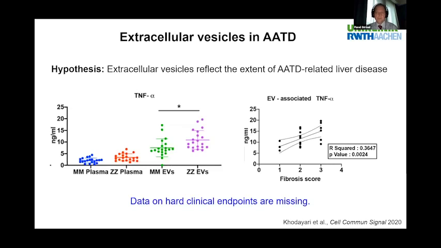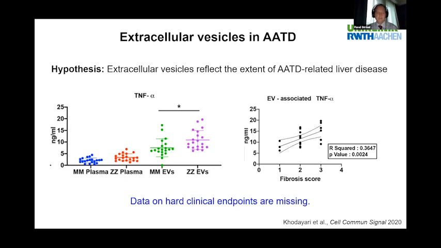Another great piece of work which was done on AATD was to study extracellular vesicles, which are a special population secreted by all kinds of different cells. And the group of Mark Brantly showed that looking into the vesicles might be more sensitive than looking into the plasma.